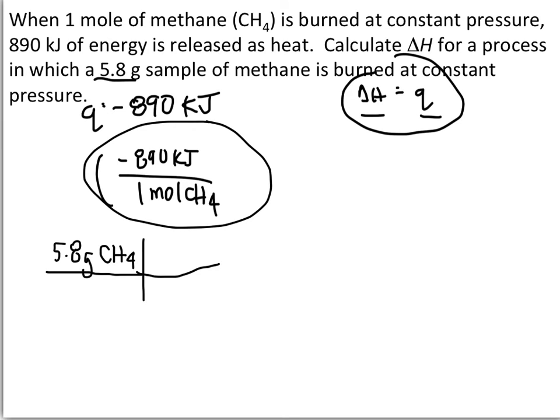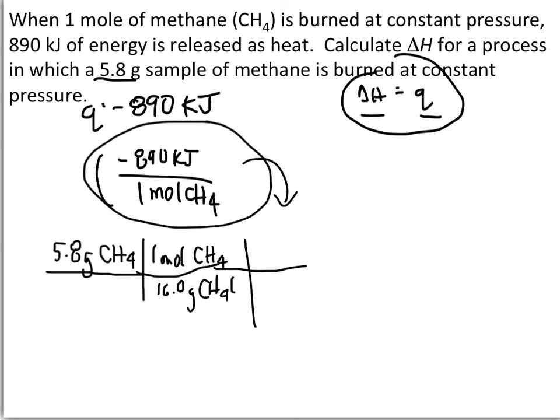So in order to go from grams of CH4 to moles of CH4, we need to divide by the molar mass of CH4, which is 16.0 grams for every 1 mole of CH4. Okay, so now that we have that established, we can go ahead and plug in our conversion factor down here, because we'll be in moles of CH4, so I can plug in 890 kilojoules for every 1 mole of CH4.